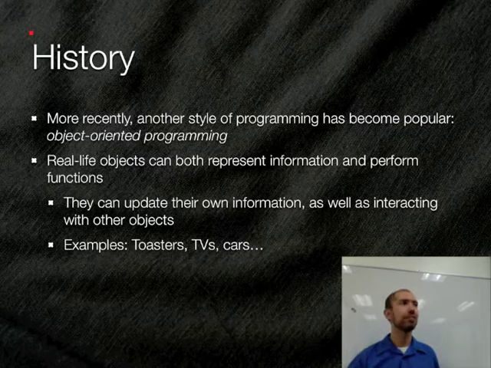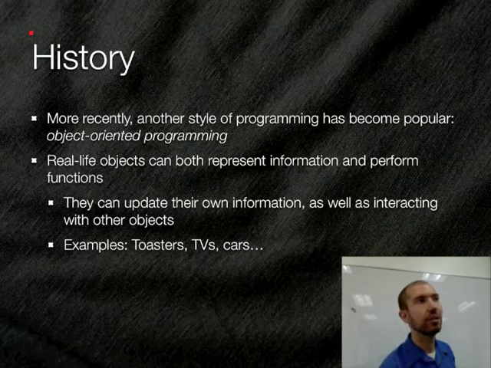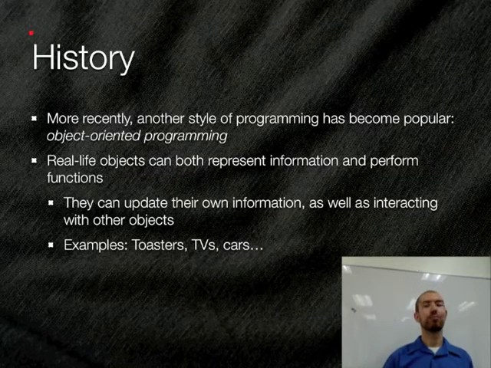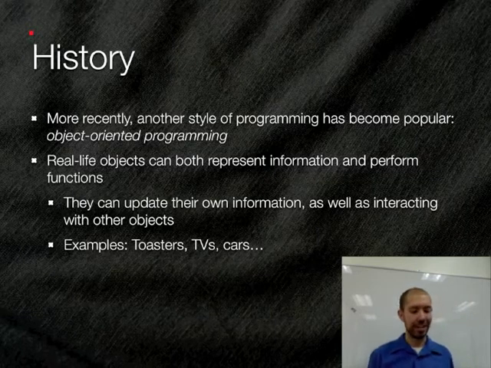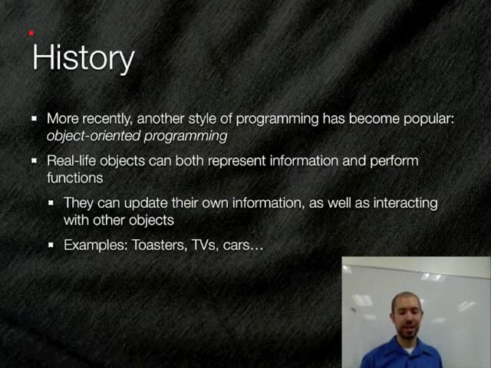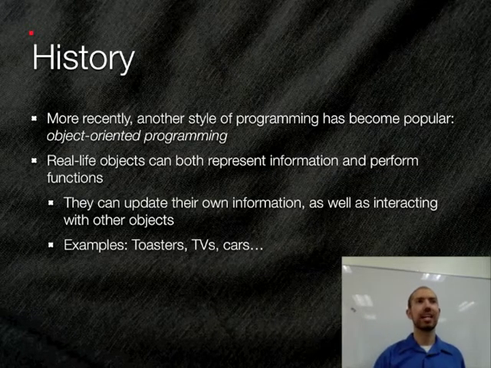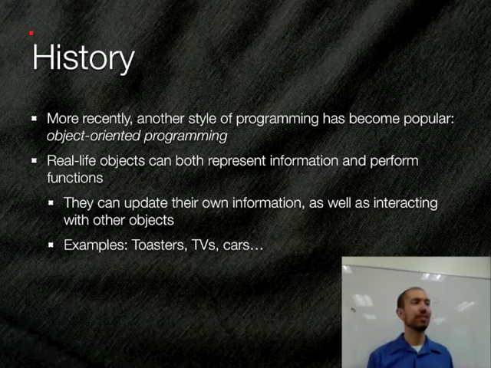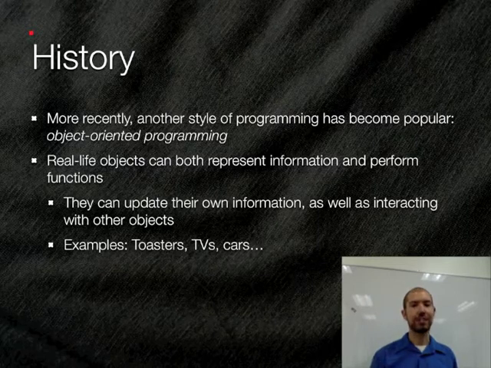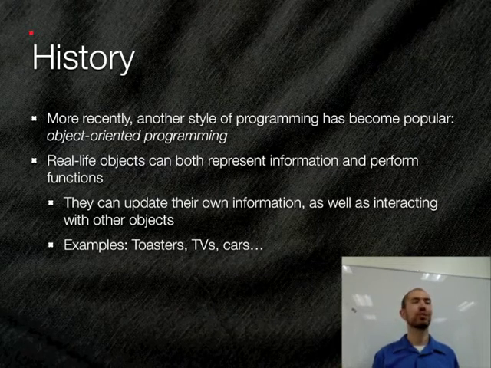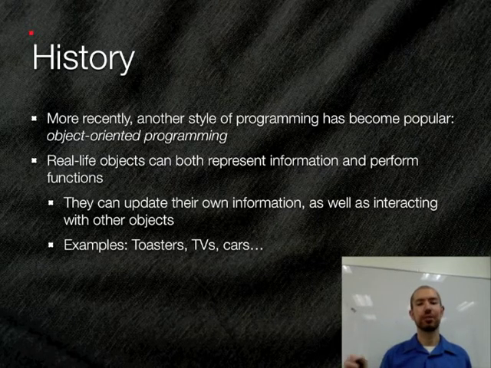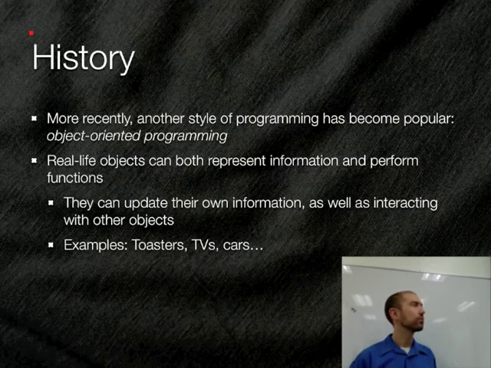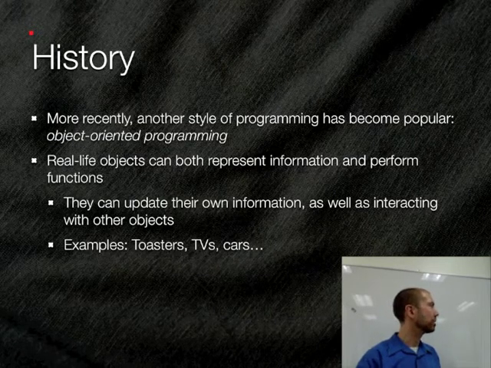And the toaster has functions that it can do. For example, the toaster can, most obviously, toast bread. When you toast bread, you change the lever status from up to down. You might have to check to make sure bread's in the toaster. You check the timer setting to make sure you're using the correct amount of time, and so forth. So it has information, and it can also do stuff.